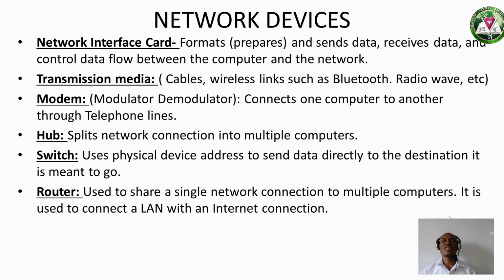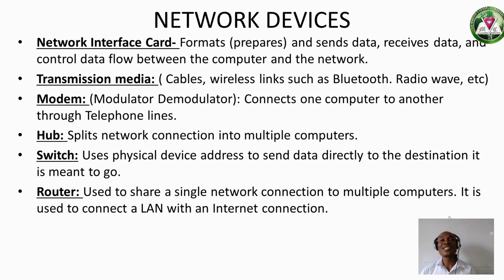It splits a network connection into multiple computers. That's why in a computer network, the moment the network is there, the hub helps to split the network into the computer systems in that network, so that when information is sent, the hub will just disperse it. It will get across all the computers connected in that network.